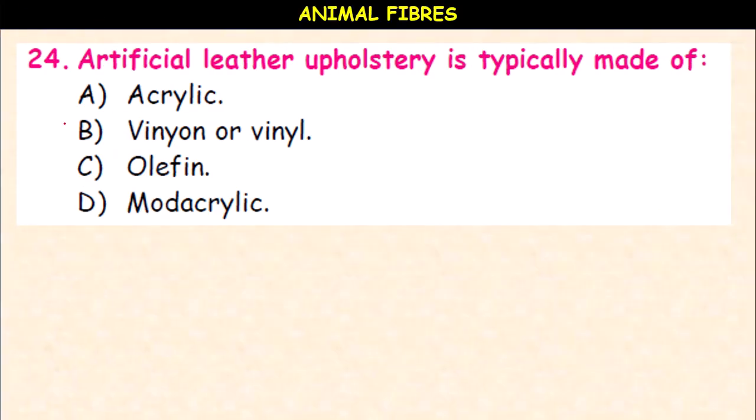Artificial leather upholstery is typically made of acrylic, vinyl, olefin, or modacrylic. So it is vinyl.